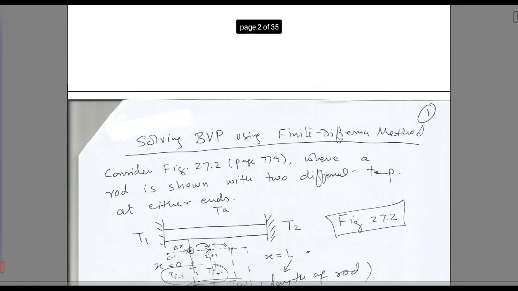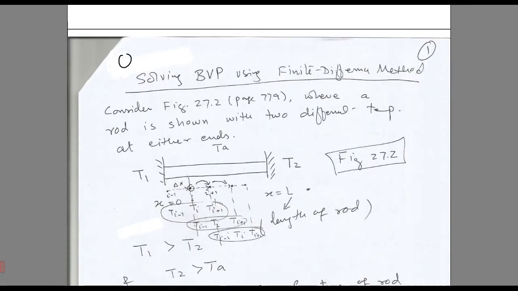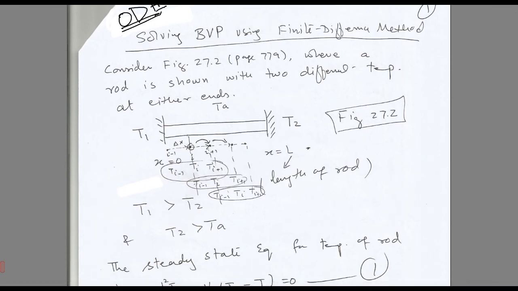So for the ordinary differential equations, ODEs, the finite divided difference method is used, and the example taken is a rod with temperature T1, the first temperature, and the other temperature at T2.